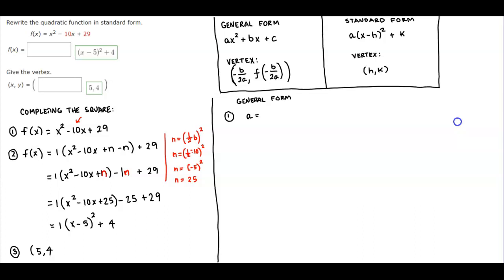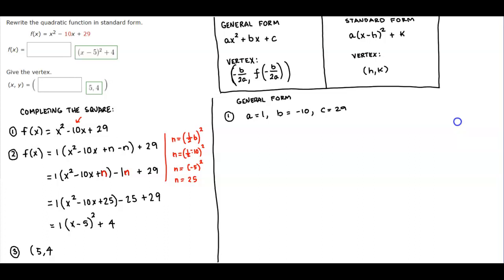Well, we know that A is 1, we know that B is negative 10, and we know that C is 29. Okay, and so what we want to do is figure out what is the value for h and k. In order to do that, we can just use what we know from our formula.